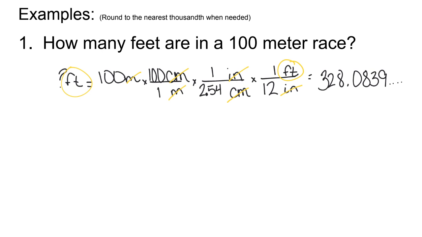This says round to the nearest thousandth. That is this spot right here. And that 9 after that 3 is going to make it go up. So we're going to have an answer of 328.084 feet.